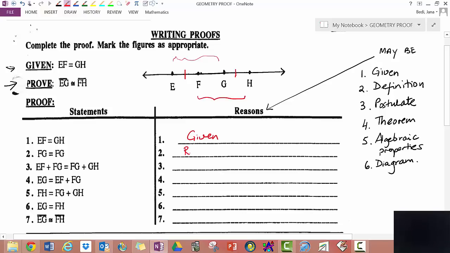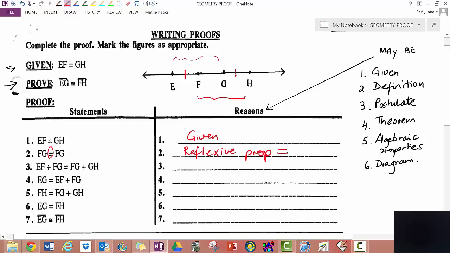This is the reflexive property of equality.